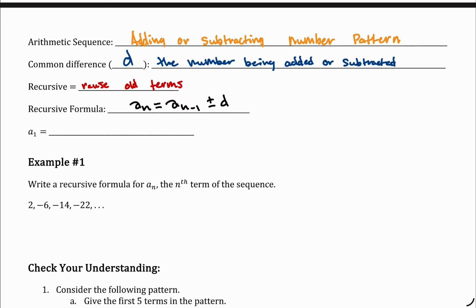Okay? Because d can either be added or subtracted, so we shorten it down by saying plus or minus. Okay? So that's the formula you're going to need today, because we're going to be making these formulas today. Okay? And then just a reminder, a sub 1 is the first term.